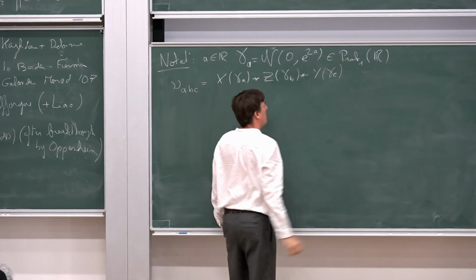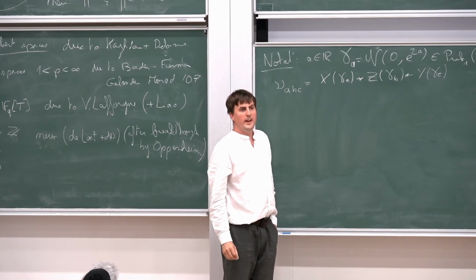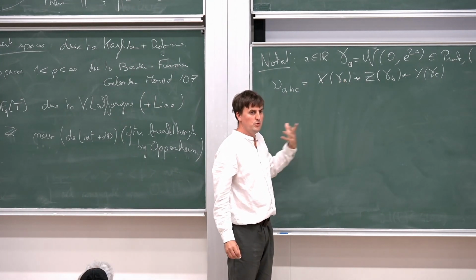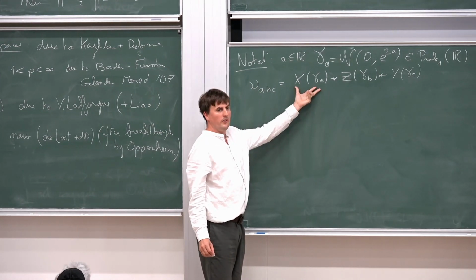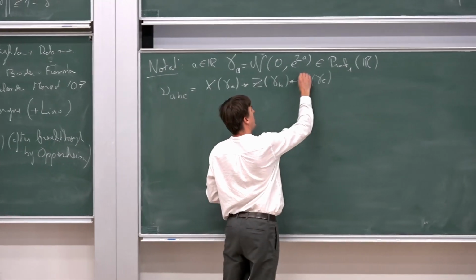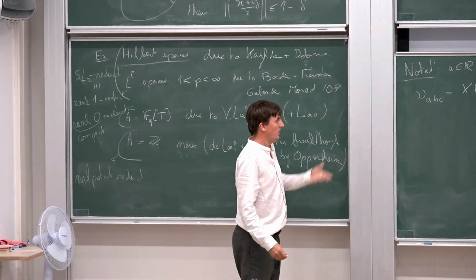Okay, so just let me explain what I mean. x is a homomorphism from R to H. So x of a probability measure on R is just the push forward of this probability measure by this homomorphism. So this is a probability measure on H, this is a probability measure on H, this is a probability measure on H, and I just take their convolution product.